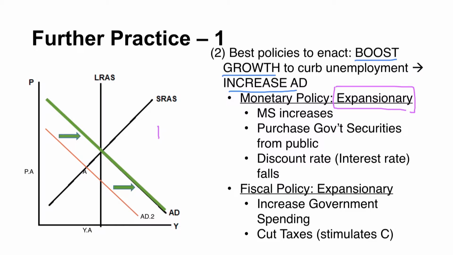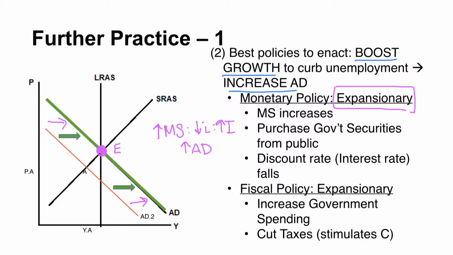The Federal Reserve increases the money supply, causing a decrease in the interest rate, causing an increase in investment spending, which therefore causes aggregate demand to increase. So with expansionary monetary policy, this would push the aggregate demand curve up and to the right, closer to the long-run equilibrium that we're trying to get back to.